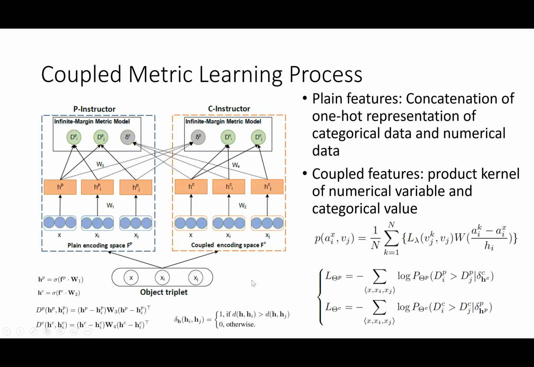And how to make it happen? So what we have here is objects, xi and xj, and in the plane space, we simply do the encoding. If it's numerical, you can use some sort of distance measure-based encoding through some kernel. If it's categorical, you can do the one-hot representation, right?